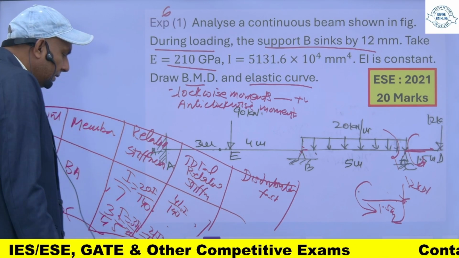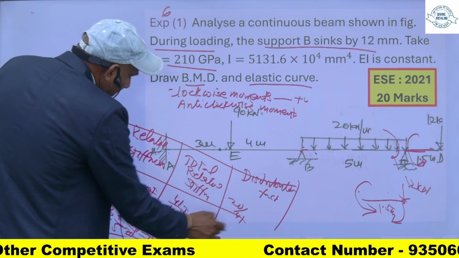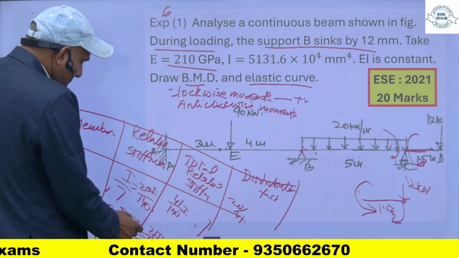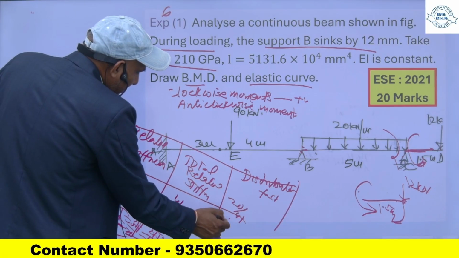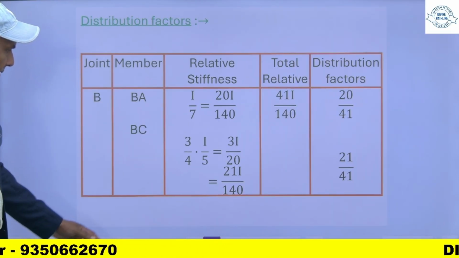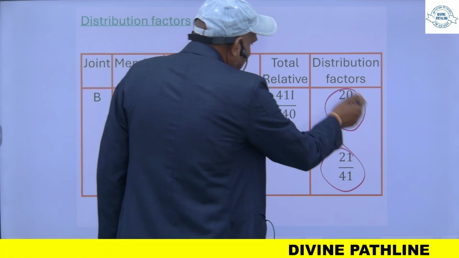Now the distribution factor is 20 upon 41, and this is 21 upon 41. These are my distribution factors.